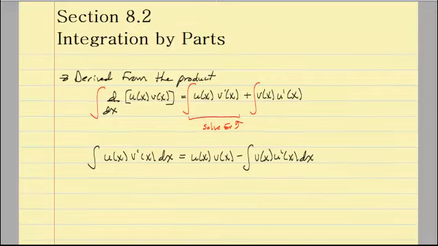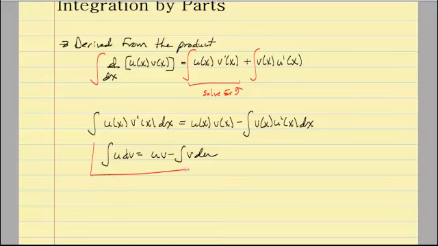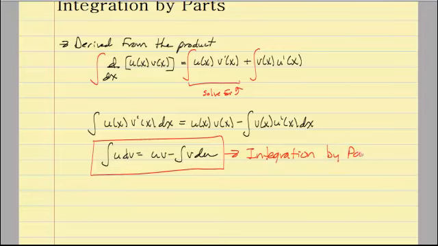Now when I think about the integration by parts formula, I think about it a little bit differently, a little shorthand, because this is a lot to remember. I think of it as the integral of u dv is equal to uv minus the integral of v du. So this is the integration by parts formula that I use. And we will definitely want to have this memorized.